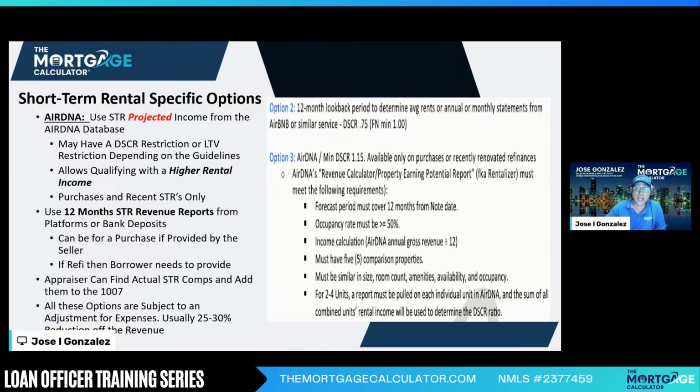So if talking about guideline, if you look at the right over here, you're going to see where it says option two. Option one was just using long-term rent. Option two is using the 12-month look back period to determine average rents or annual or monthly statements.